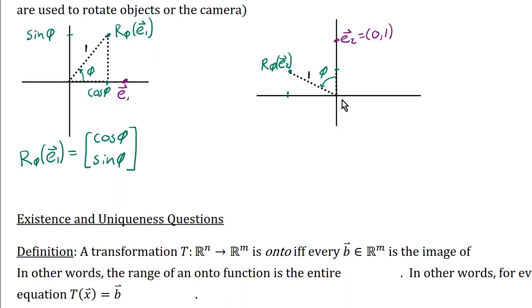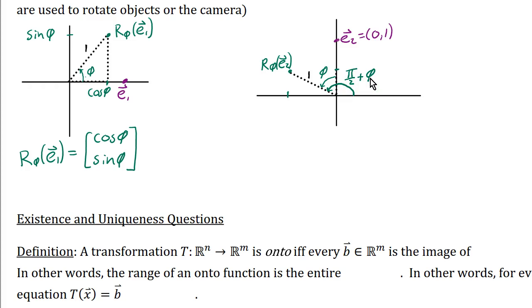The way I want to do it is by thinking of the standard position angle, meaning the angle you have to rotate from the x-axis. The way we did it before was okay because phi was already a standard position angle. But the standard position angle you need to get to this point is actually 90 degrees plus phi, or pi over 2 plus phi.